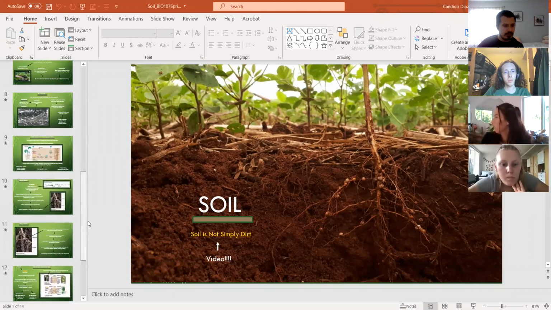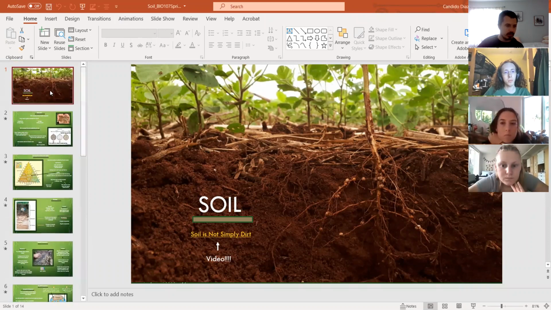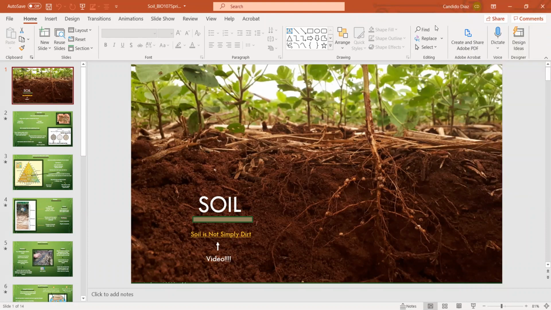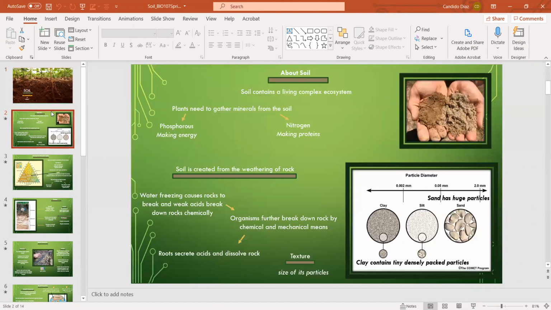So yeah, there's a lot of information in here because soil in itself could be its entire own class, right? Just in terms of microorganisms, ecosystems, things of that nature. So what I would like you all to know about soil for this exam is the different types of soil.